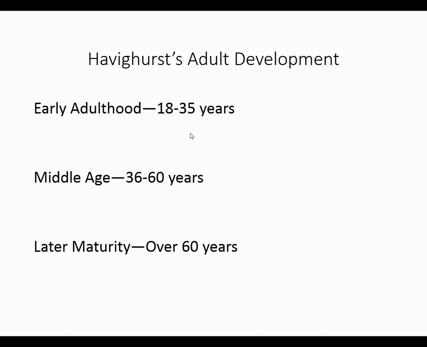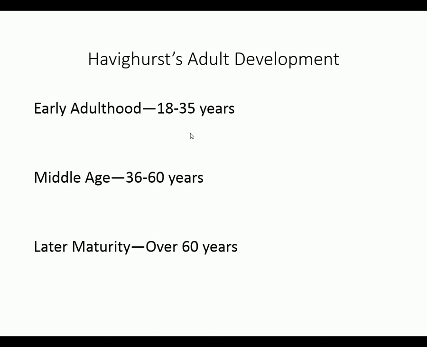Now, the second theorist we're going to go over is Havighurst. Okay? Havighurst believed that development is continuous throughout the entire lifespan, and that the individual moves from one stage to the next by means of successful resolution of problems or performance of developmental tasks.